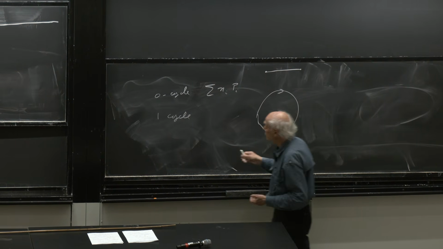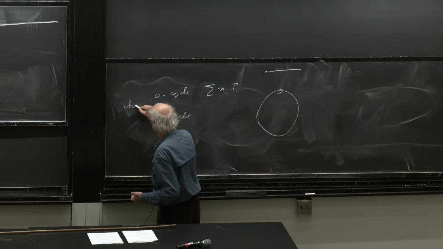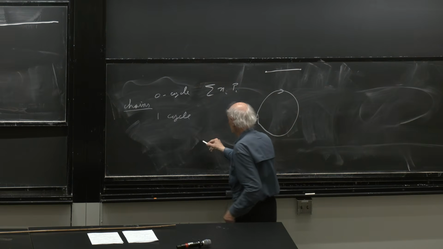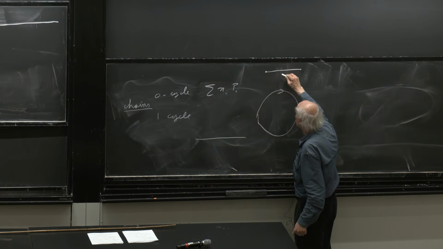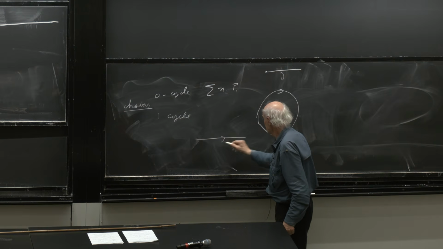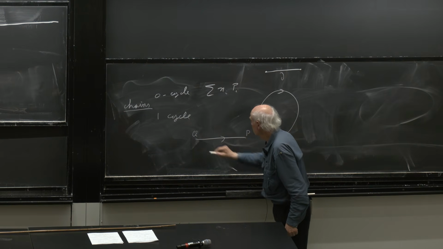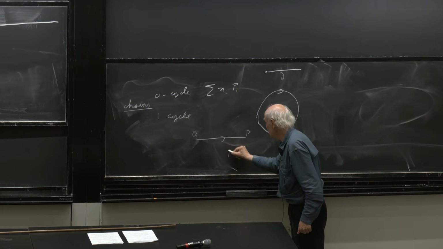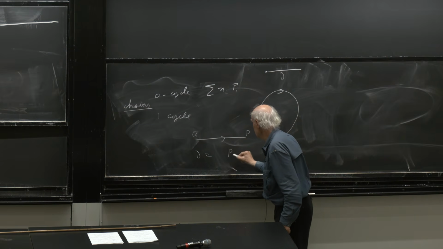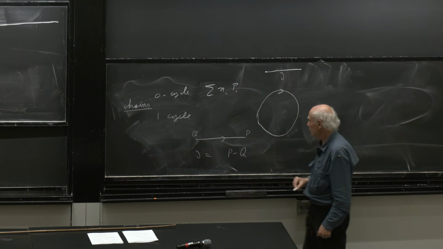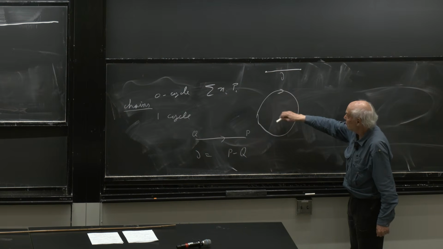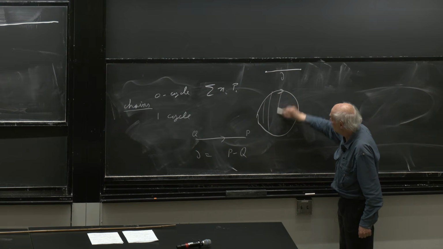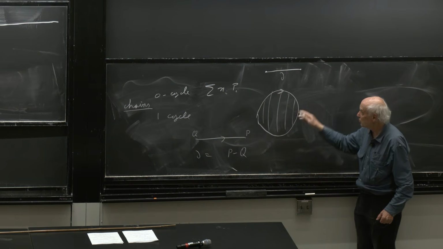And you have also chains. For instance, this will be a chain, and it will have a boundary, which is a zero cycle. Here, what I have drawn is the boundary of two chains.